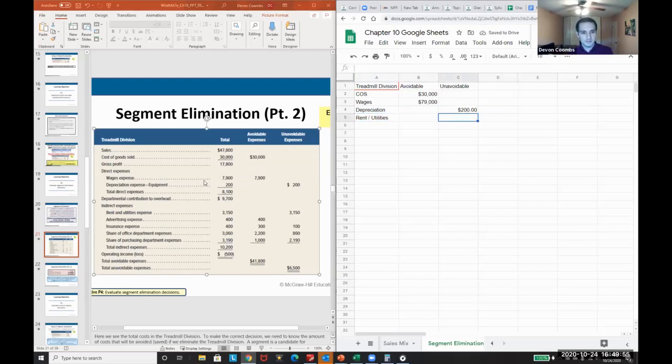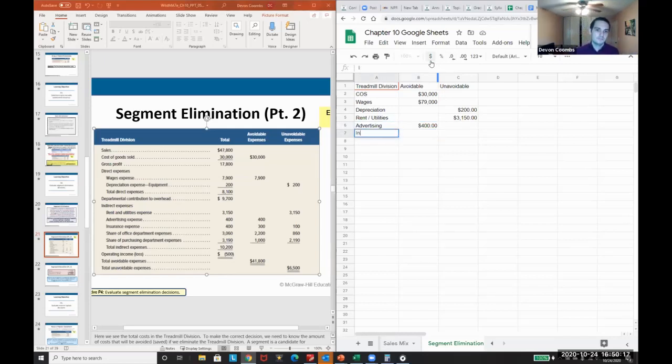Our rent and utilities of $31.50, we still have to pay that. It's unavoidable, right? We still have that area that we have to use. We still have our lease. Advertising. Is advertising unavoidable? No, it's avoidable, because we're not going to be advertising for this product anymore.